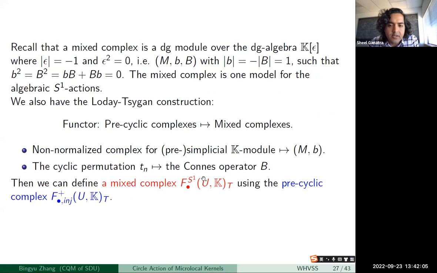Thanks. The process step is that we first define the positive theory. Even though we cannot define the full theory for general U, we can define it for the whole cotangent bundle, and then we have a natural morphism from F S1 cotangent bundle to F plus U, and then we take a cokernel to obtain the full theory.